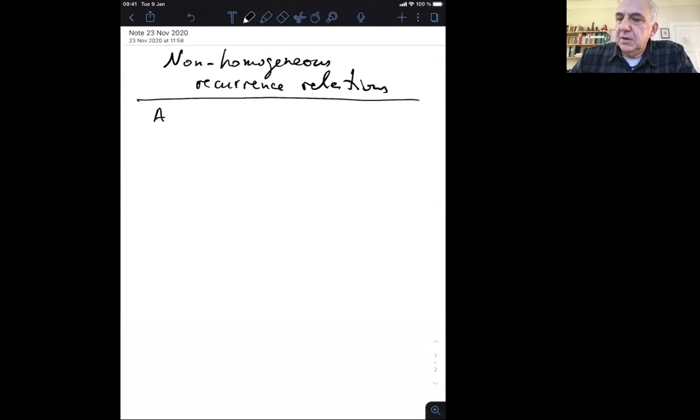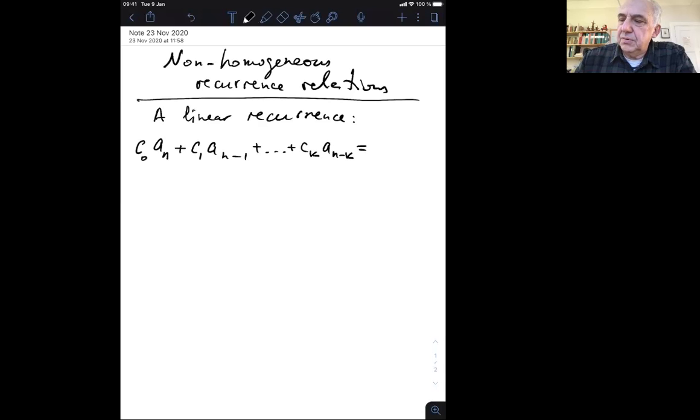A linear recurrence is something like C0 a_n plus C1 a_{n-1}, plus and so on, plus Ck a_{n-k} equals some b_n.